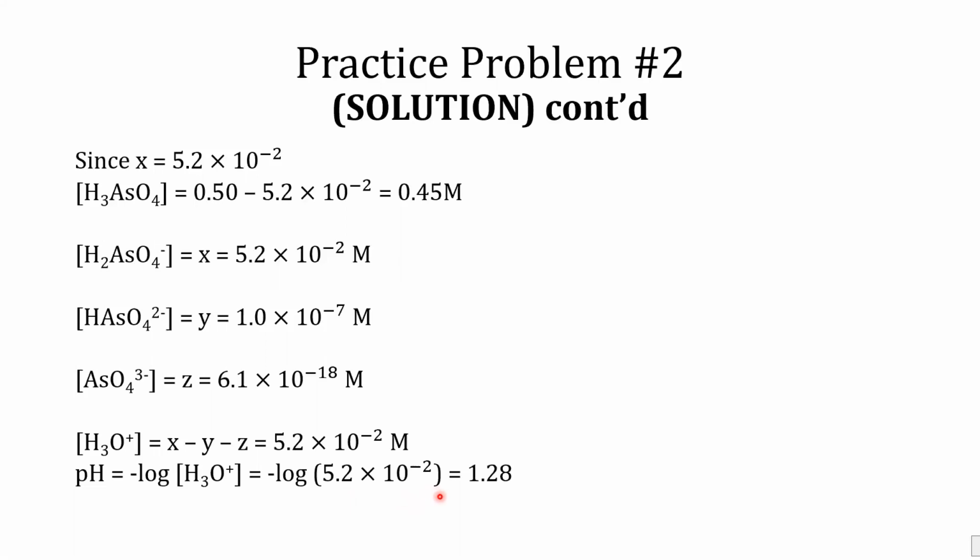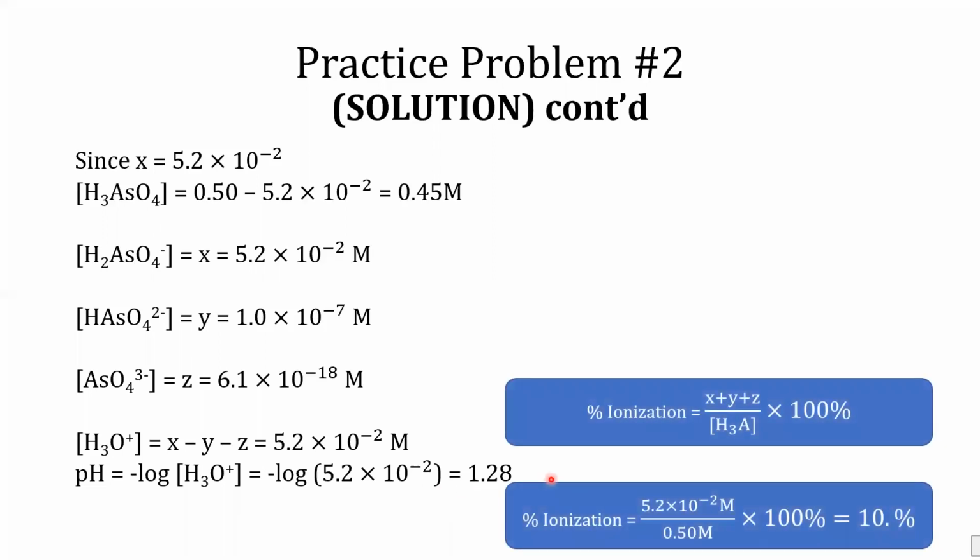The percent ionization of arsenic acid equals the sum of X, Y, and Z, the portions ionized from the acid, divided by the concentration of arsenic acid, which, after plugging in its values, is 10%.